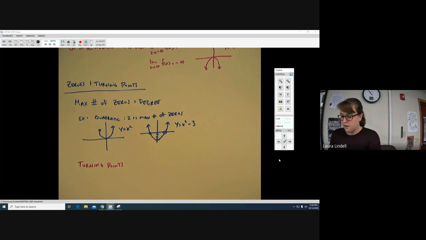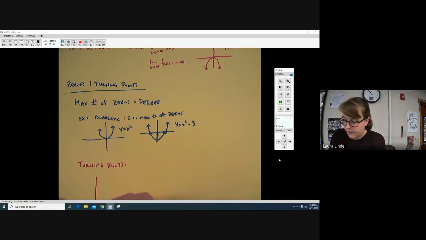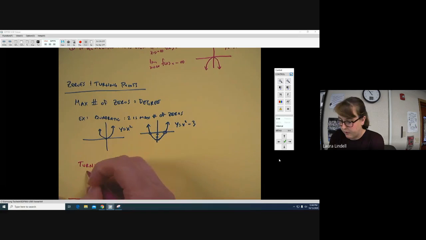Let's take a look at turning points here. If I have a second degree function, we have one turning point here.